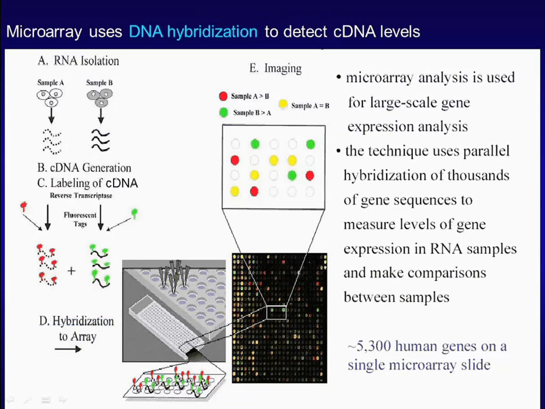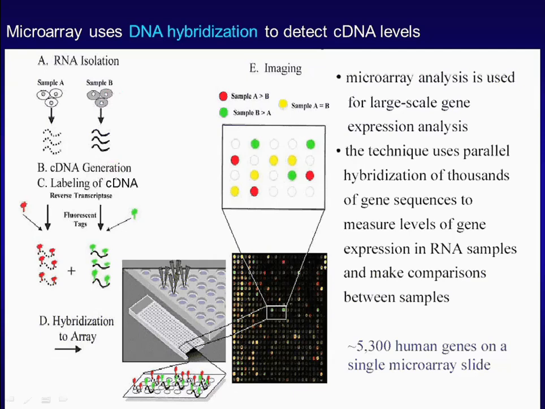For a typical experiment with microarray, first step is to isolate 2 RNA samples from 2 different sources. Second step, RNA samples are used as templates to synthesize cDNA.